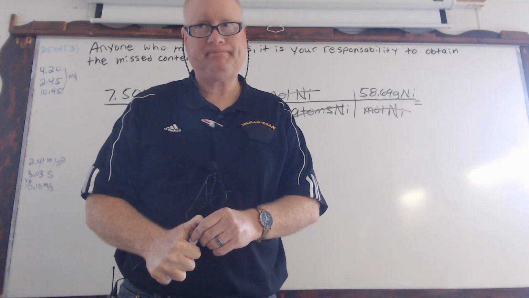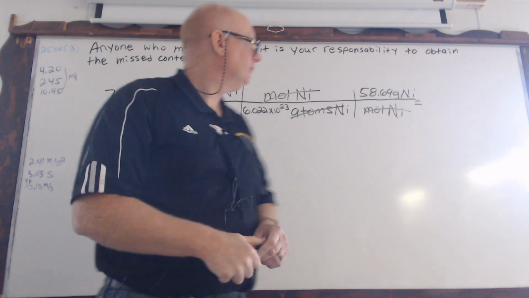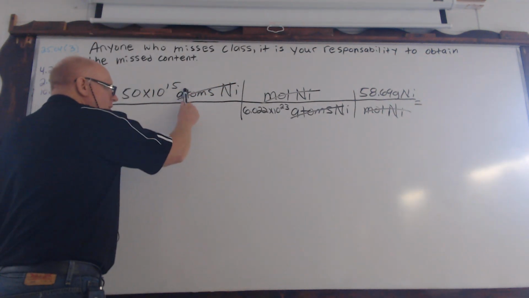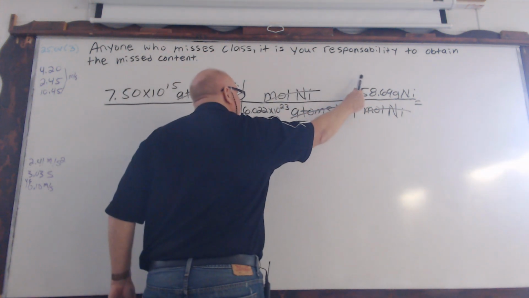Correct? Let us solve. Well, these two numbers are next to each other, so you multiply, then divide by that.